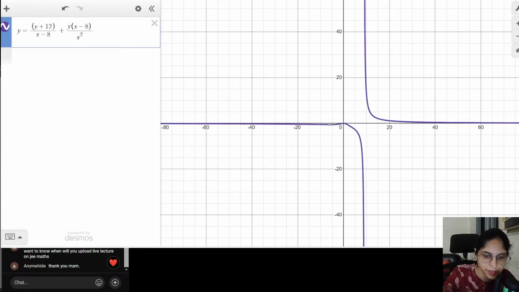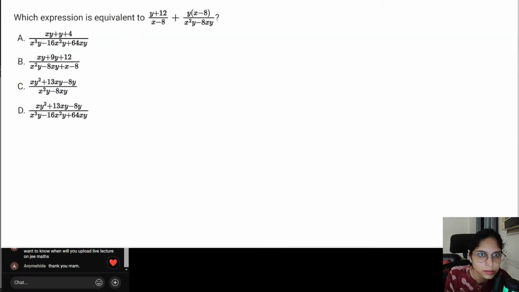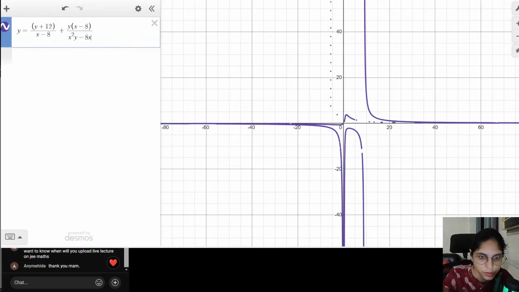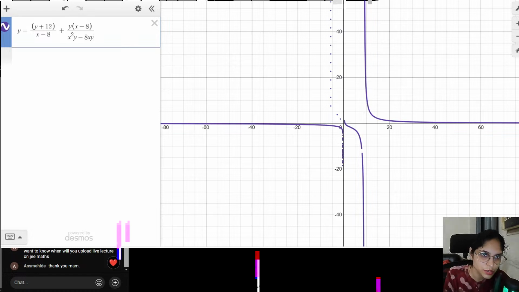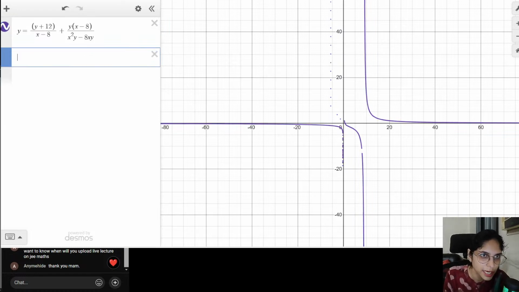X squared y minus 8xy. So when there are two variables, just use both x and y. And now your options.